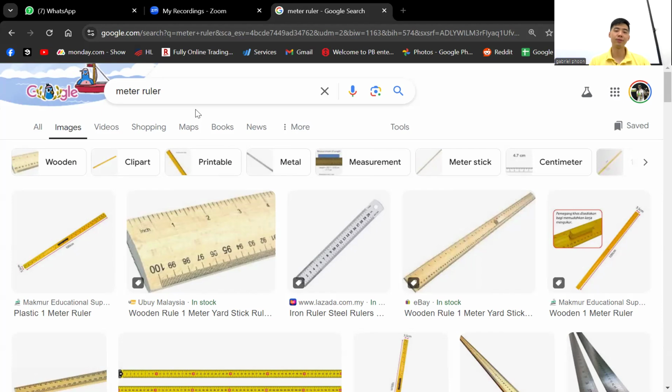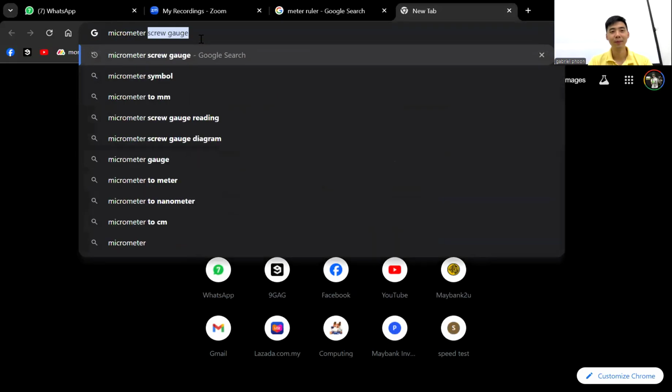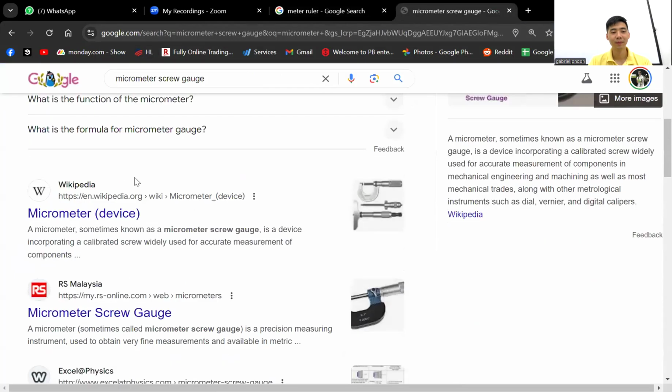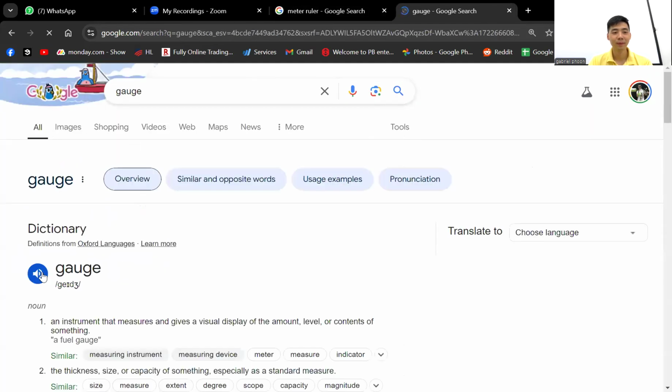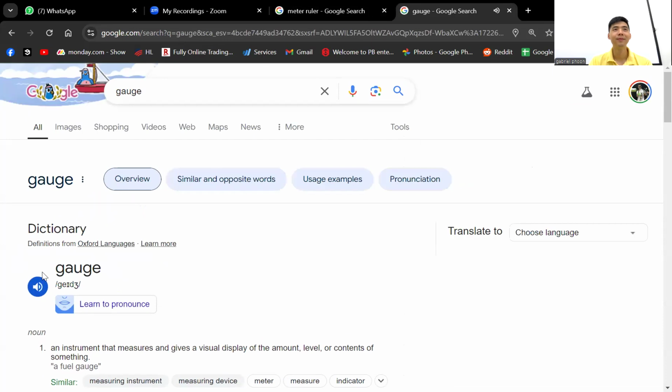Is it gauge or gauge? You go to Google, you can see. It's gauge or gauge. You go to Google. Gauge.